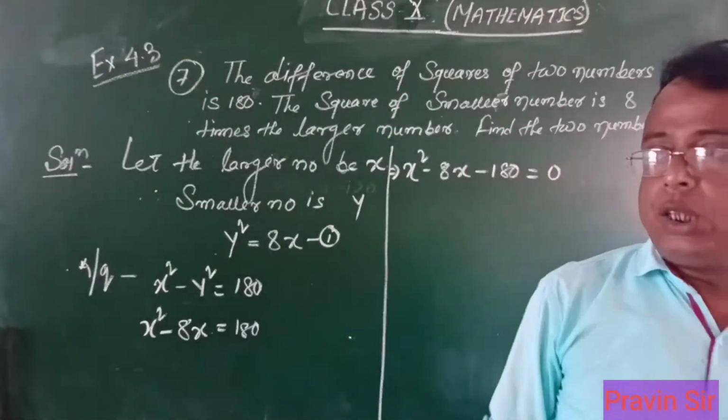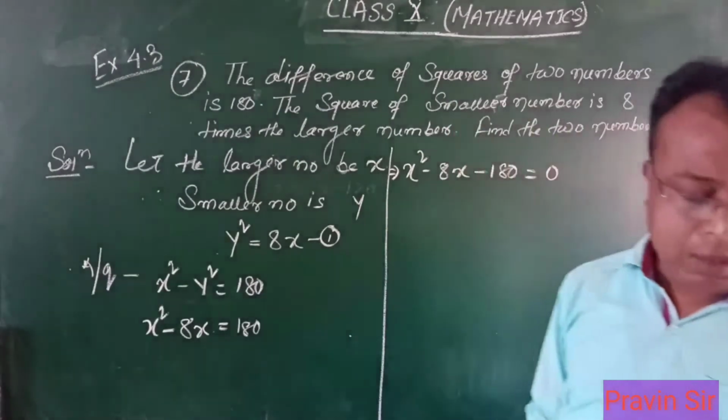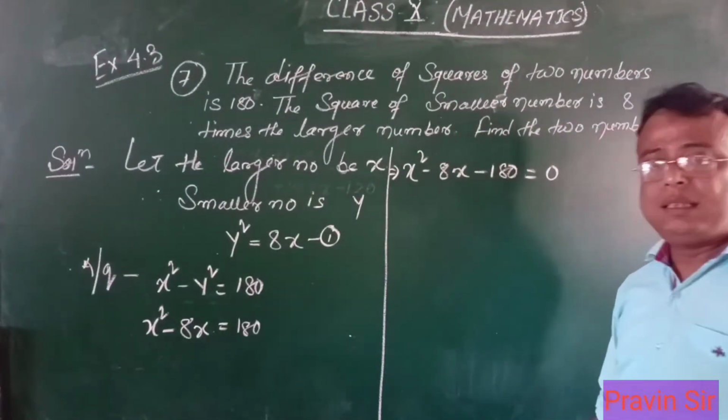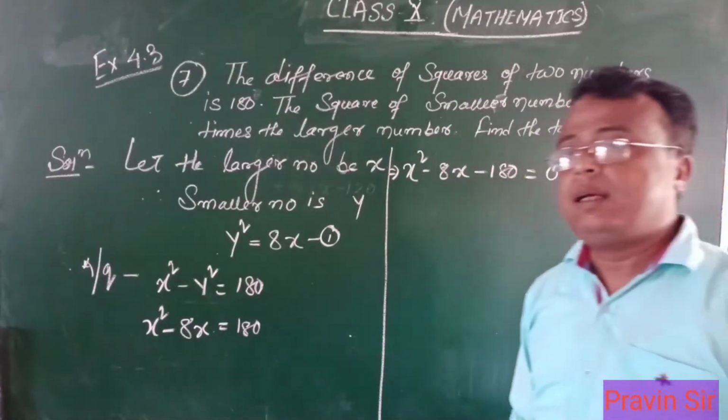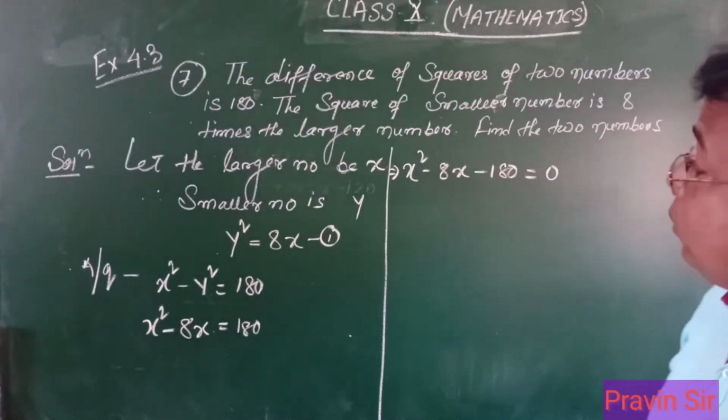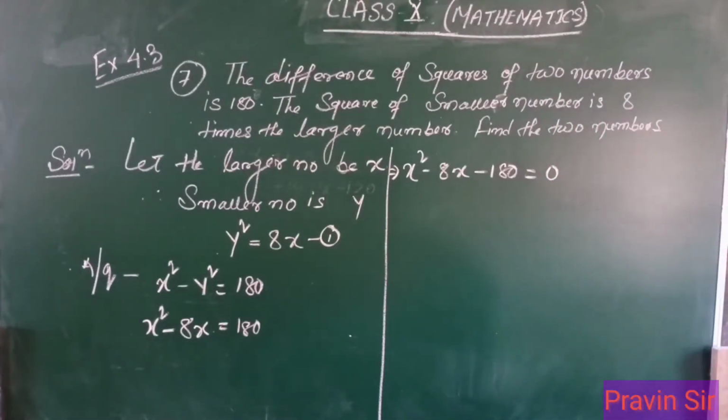Now this question we have to solve by using any one of the methods that is easy for you, that is either by substitution, completing the square method, splitting the middle term method, or the quadratic formula method.